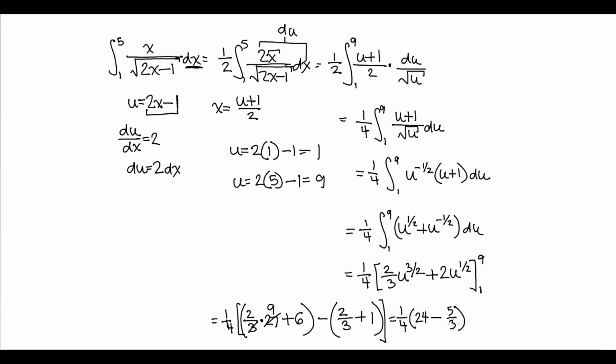And if we convert 24 into thirds, we have 72/3 minus 5/3, which is equal to 60.